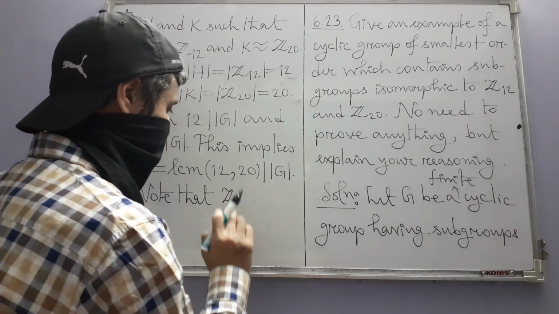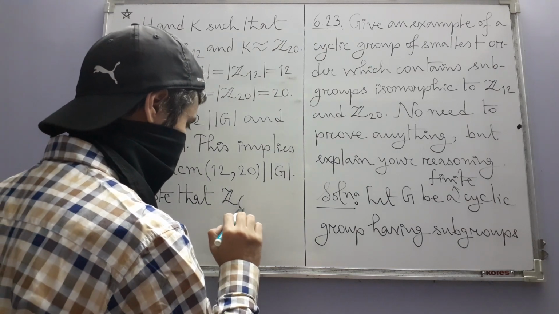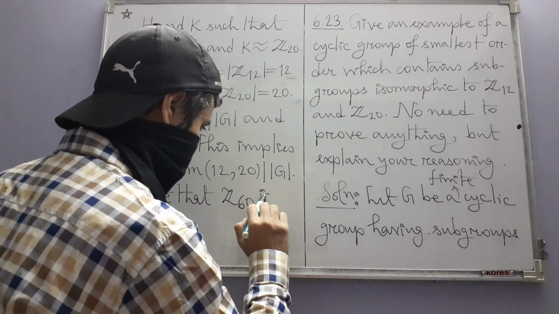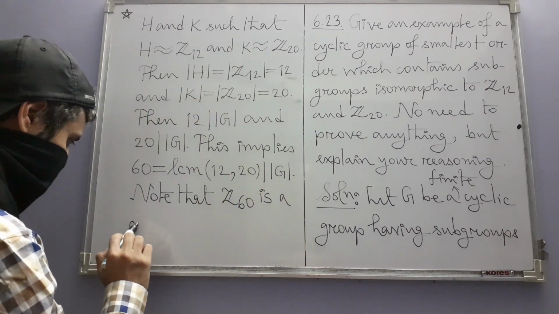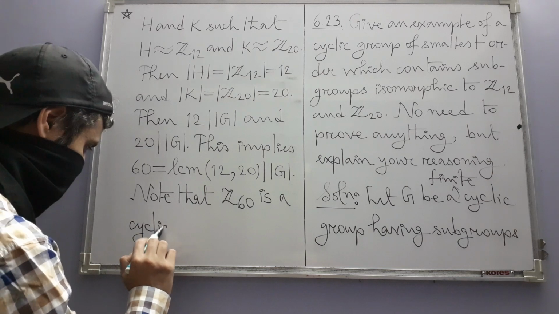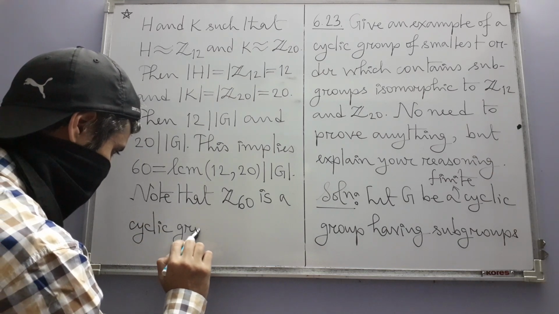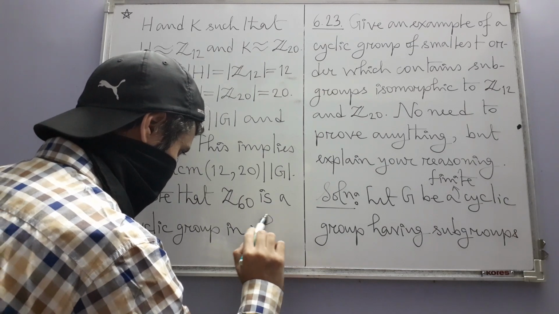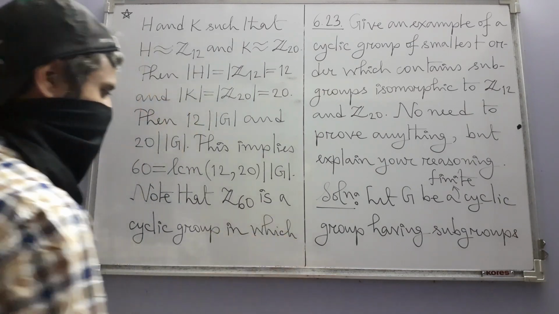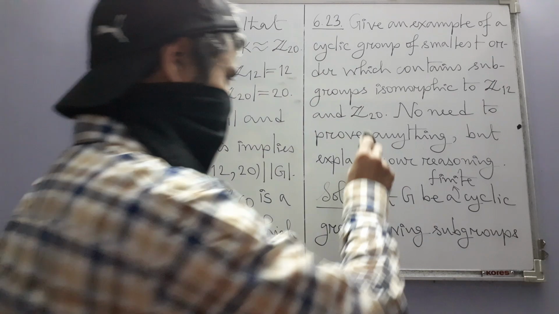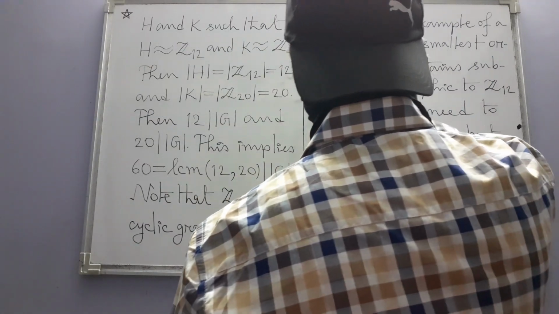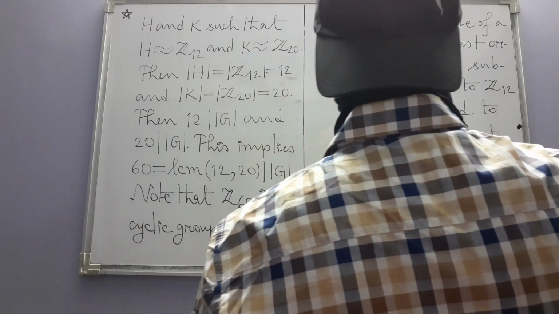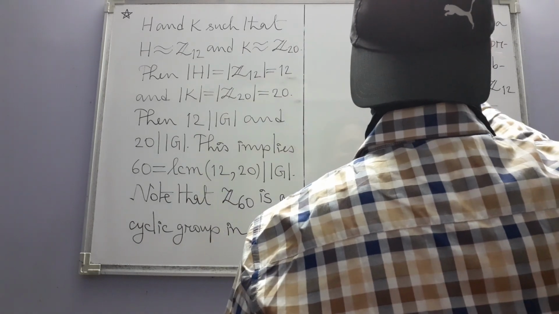I did not mean to say Z20, Z60, sorry. This is a cyclic group in which there exist subgroups of these two orders, 12 and 20.